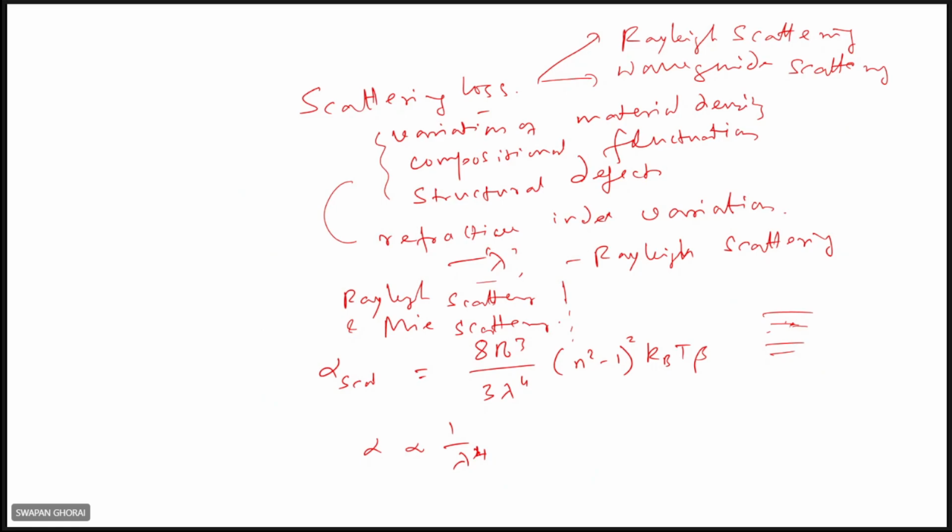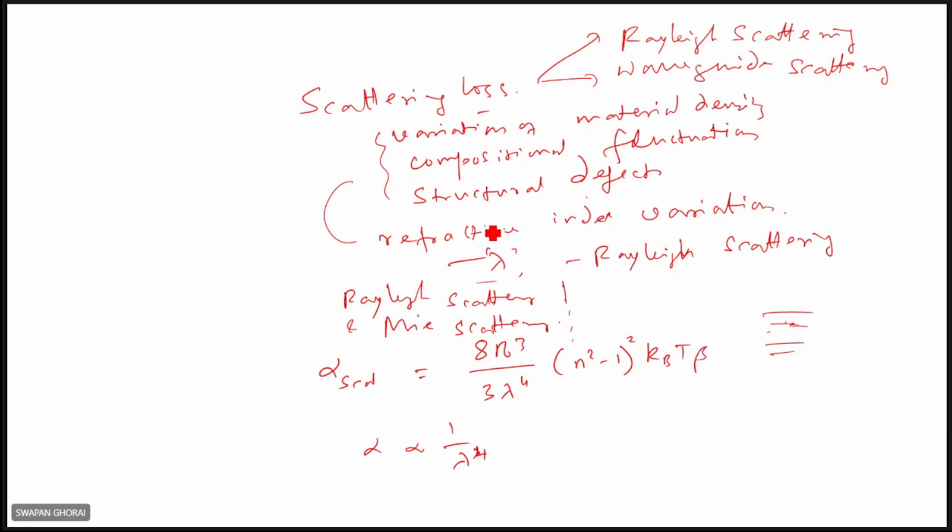These are structural inhomogeneities, meaning structural defects, compositional fluctuations, or material density variations. If you consider glass, it is a very complicated structure. Somewhere you will see high refractive index, somewhere lower, high density, lower density.